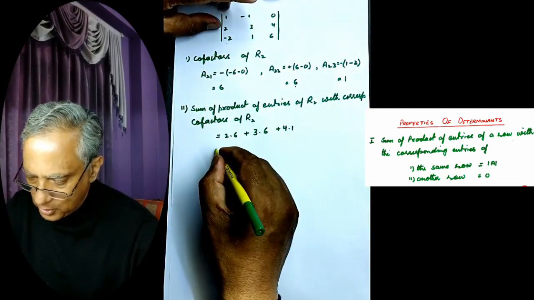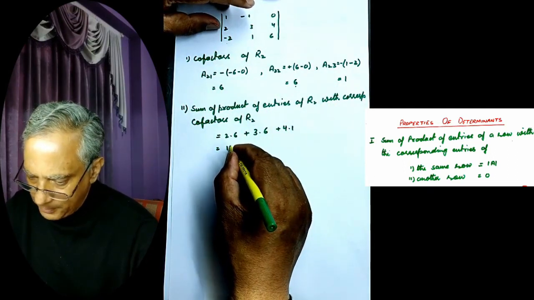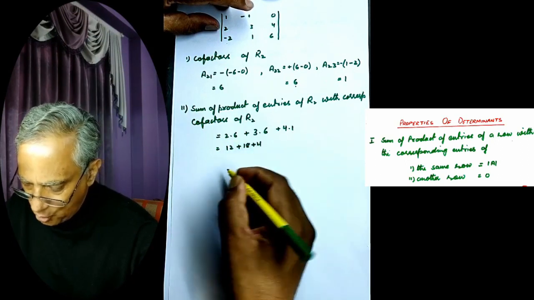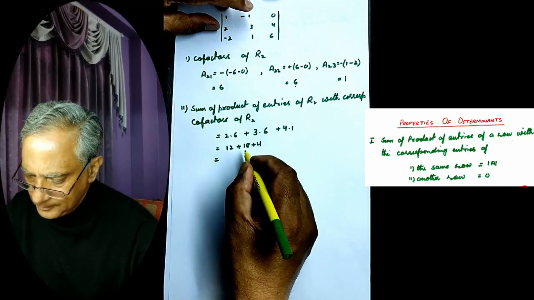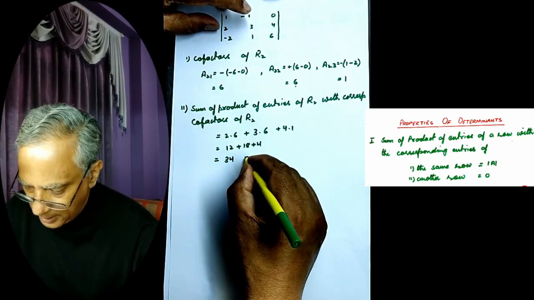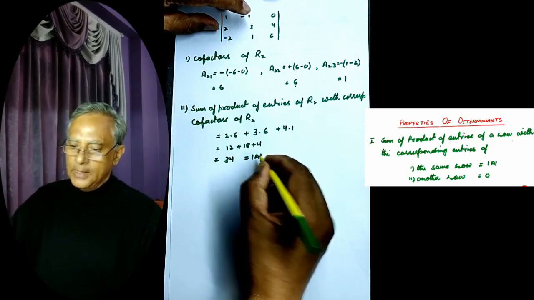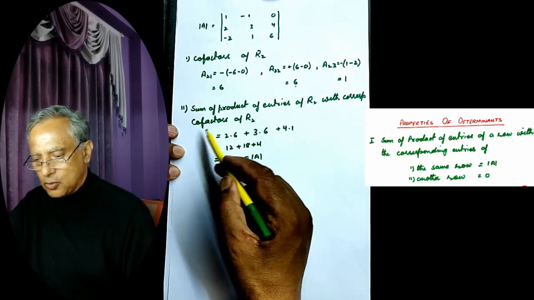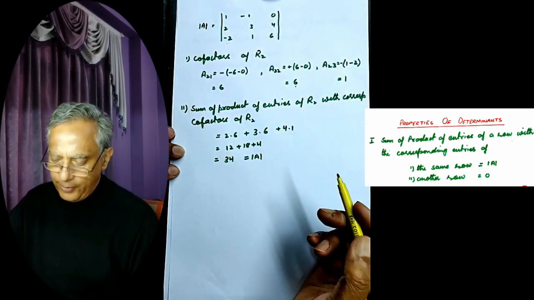So this is equal to 12 plus 18 plus 4. What we get is 34. So this is equal to determinant of A. Sum of products of entries of R2 with the corresponding cofactors of R2 is determinant of A.